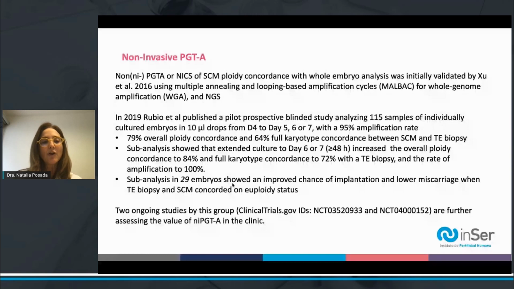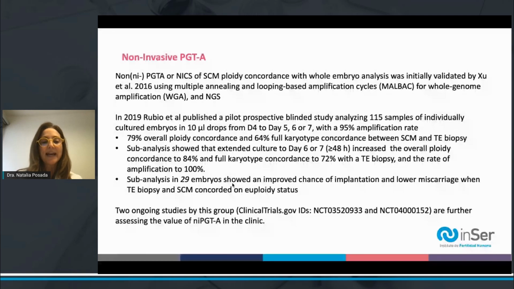And the ploidy concordance between the spent culture media and the trophectoderm biopsy was 79%, and 64% for the full karyotype concordance.